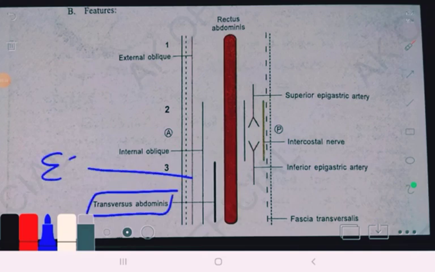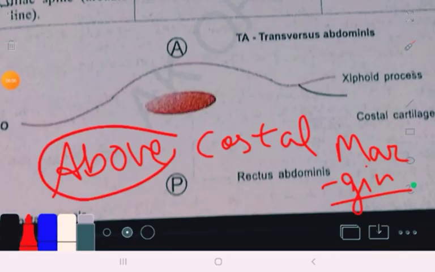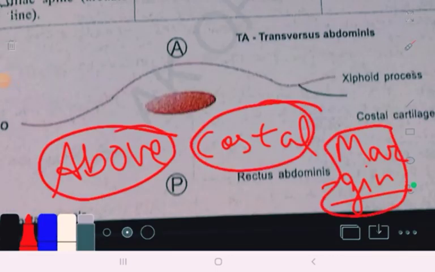There is transverse abdominis, and external oblique and internal oblique also below the level of the arcuate line, and fascia transversalis on the posterior wall.